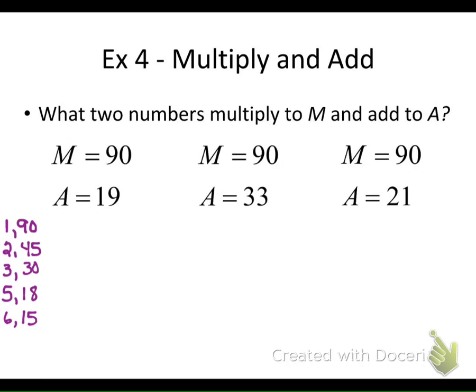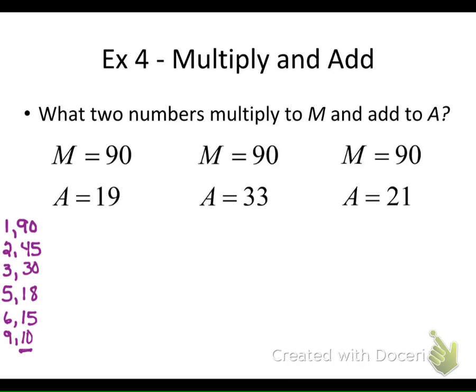Can't do it because it's a decimal. 8 times what equals 90? Do you see how I'm just going in order? I tried 7, now I'm going to 8. Decimal. Can't do it. 9 times what equals 90? 10. So my next number after 9 is what? 10. I already have a factor of 10. So therefore, there are my factor pairs of 90.